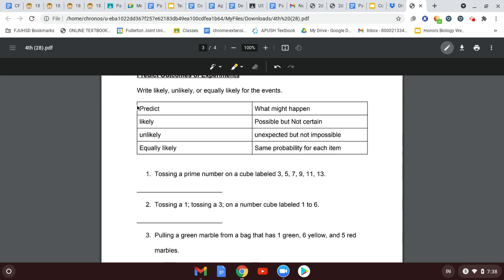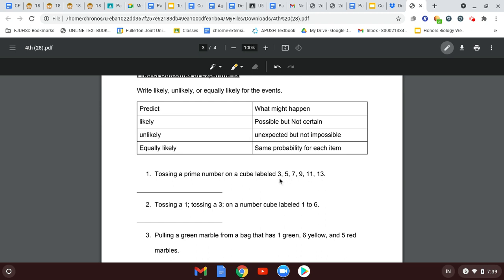Okay. So predict what might happen: likely, possible but not certain, unlikely, unexpected but not impossible, equally likely. Equally likely means the same probability for each item. Tossing a prime number on a cube labeled 3, 5, 7, 9, 11, 13.